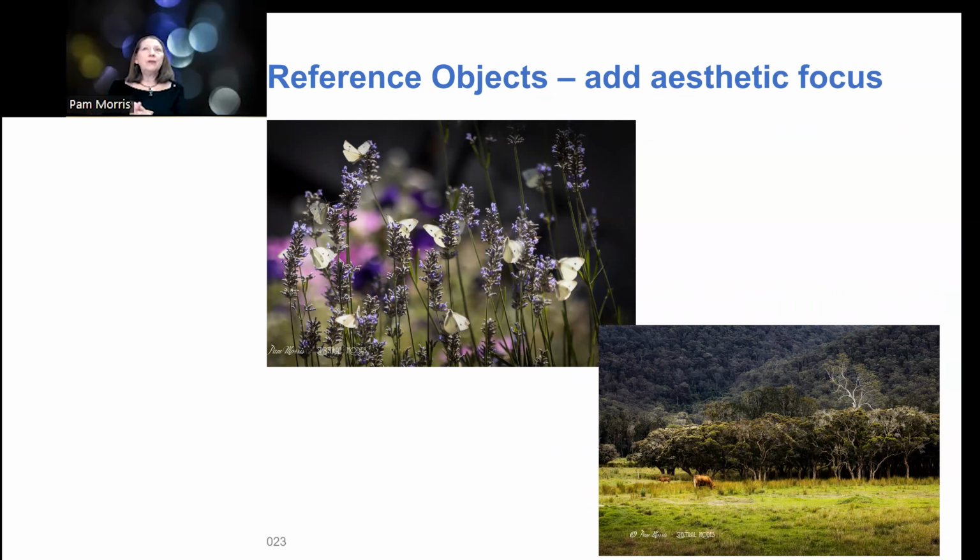By including animals and wildlife within an image, not only do they add scale and enable the proportions to be worked out by the viewer, but they also add an aesthetic, because we make this human connection to animals within a landscape.